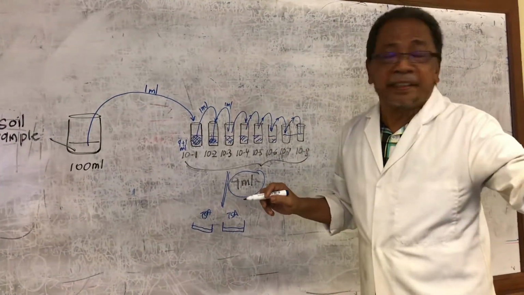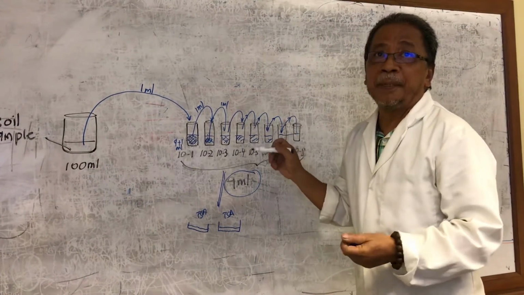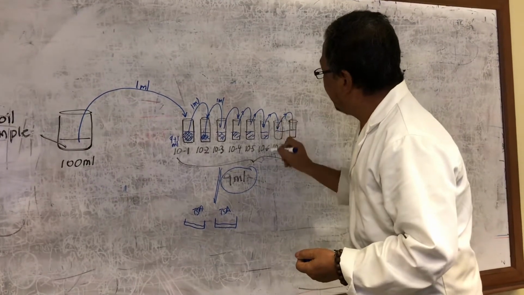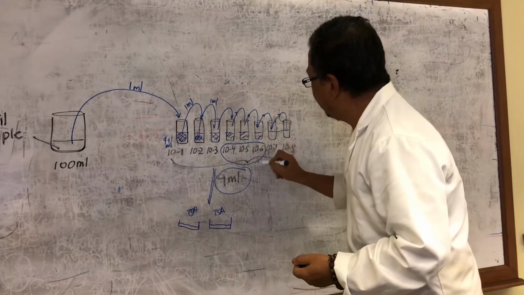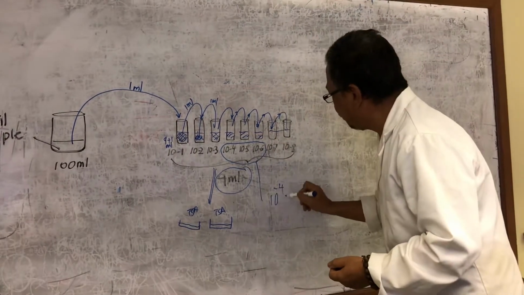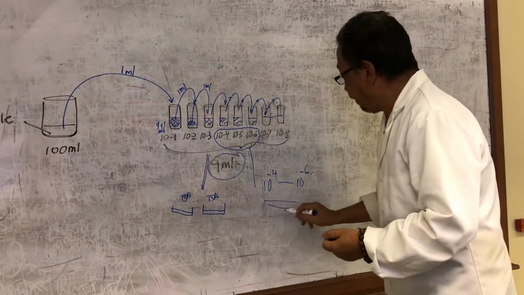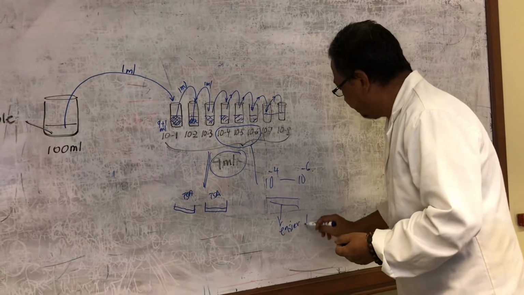Usually when you do it for microbial population, you only use the best ones, 10 power 4 to 10 power 6, so it's easier to count.